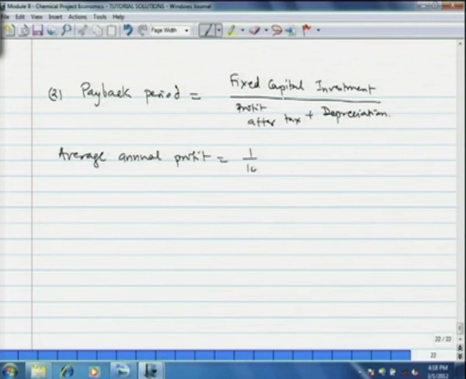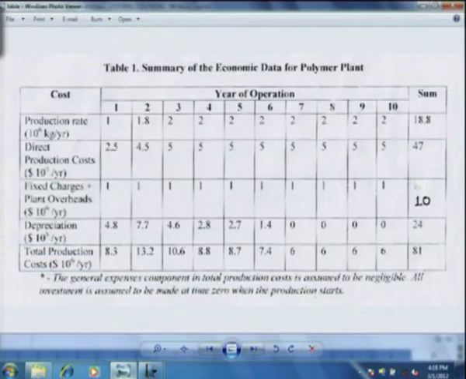Average annual profit was 1 by 10 into 1.222P minus 5.265 into 10 to power 6. The total depreciation in the 10-year period, if you see in the table, is given as $24 million.